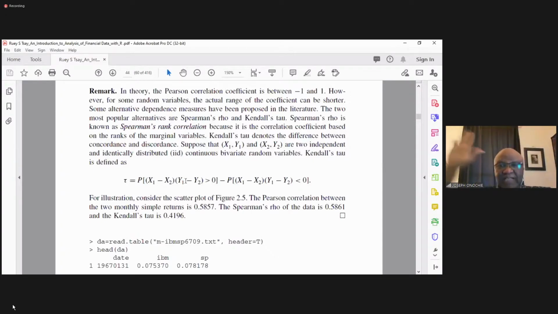So the rankings can be different. But it doesn't matter how you rank IBM or how you rank S&P 500. If you go from rank 3 to rank 1, and that is positive, and going from this rank to rank 1 for S&P 500 is also positive, or both negative, then they are in concordance, in agreement.